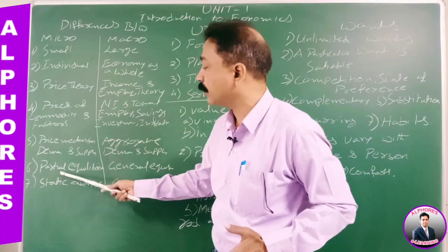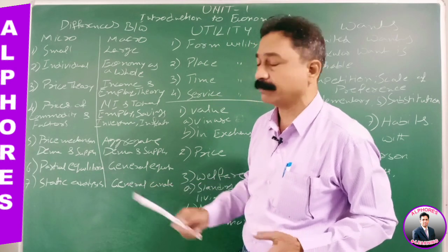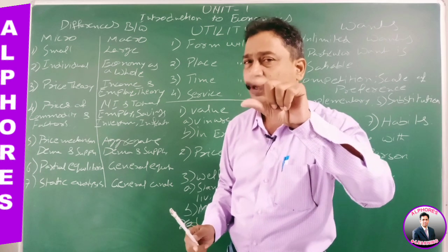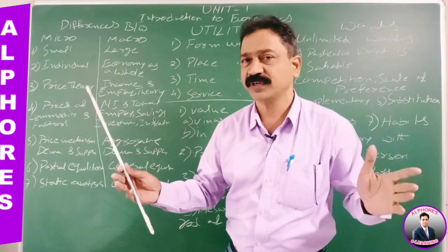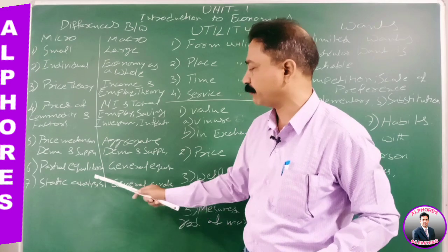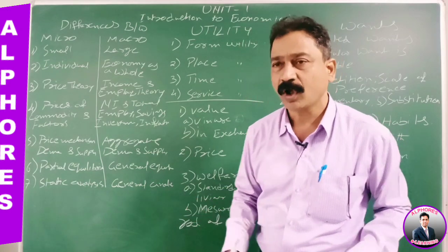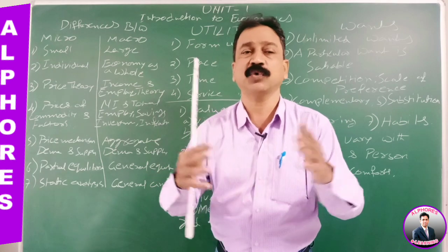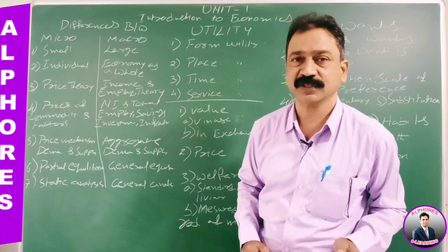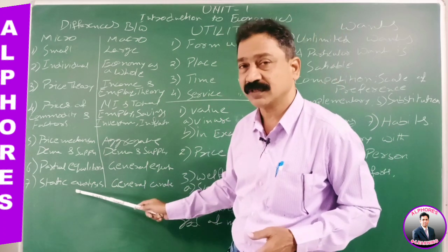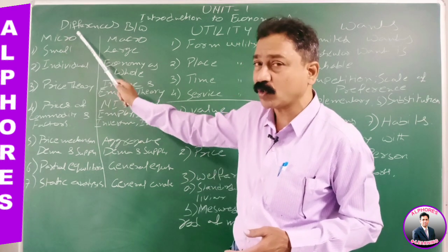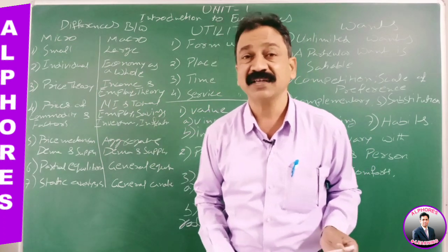Now we will see partial equilibrium, because it takes only one thing at a time and discusses the equilibrium of price individually, not all commodities at a time, only one commodity or one industry at a time. This contrasts with general equilibrium, how demand and supply balance the total economy. And the last one is static analysis, because whenever we discuss demand, supply, price under microeconomics, we always say ceteris paribus.